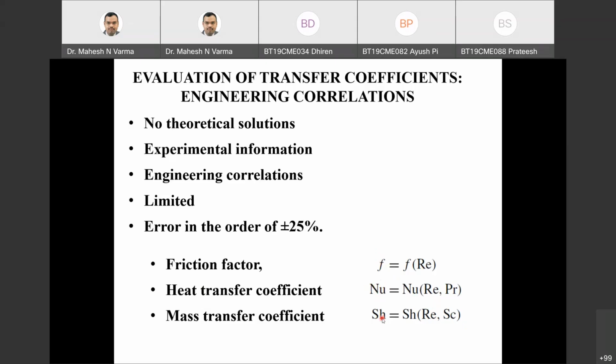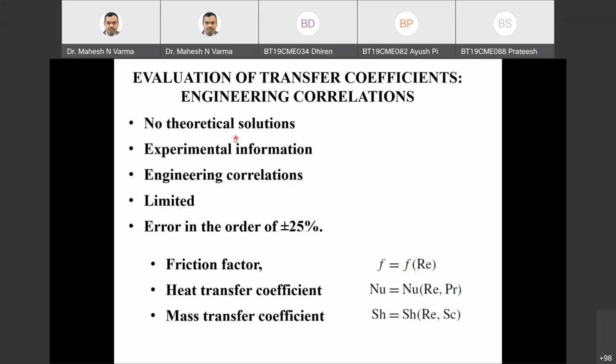So here is the heat transfer coefficient, here the mass transfer coefficient. These are all engineering correlations, so there is no purely theoretical background for deriving these equations. All are experimental observations put into a polynomial equation, and as some dimensionless numbers are involved, the resulting polynomial correlation is called an engineering correlation.